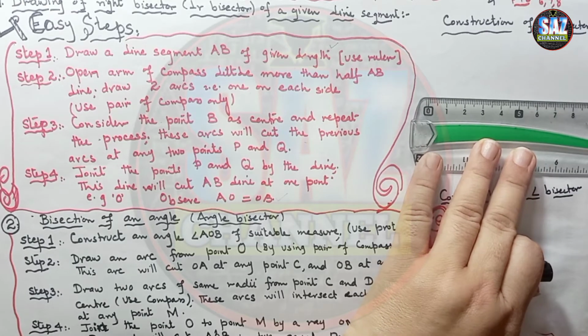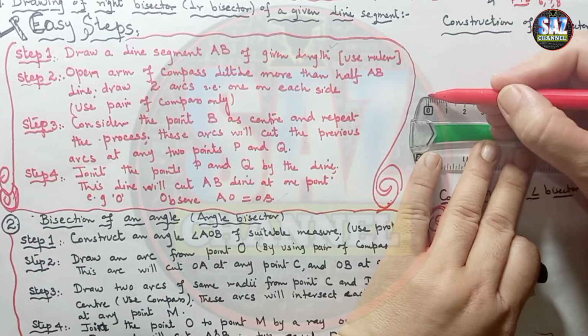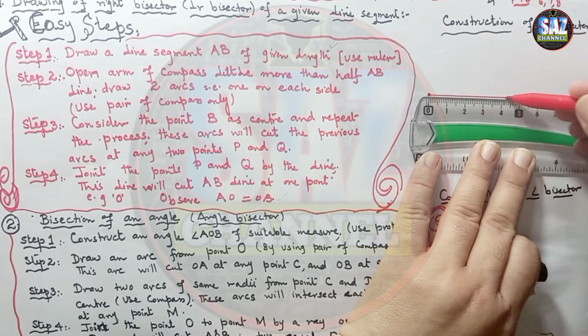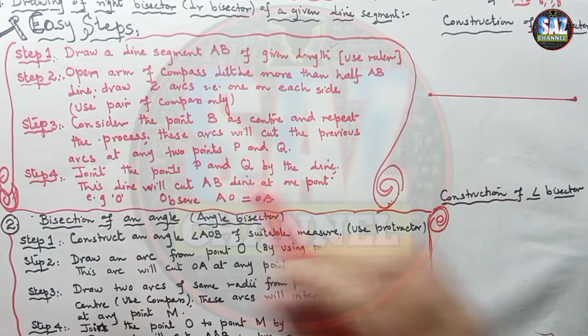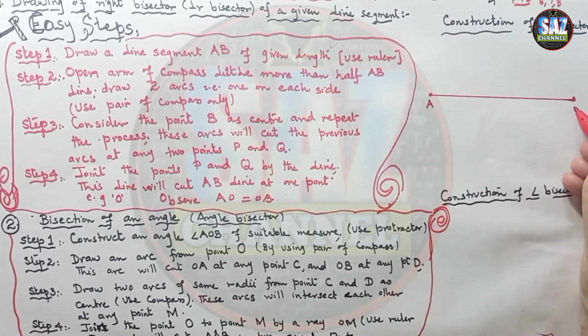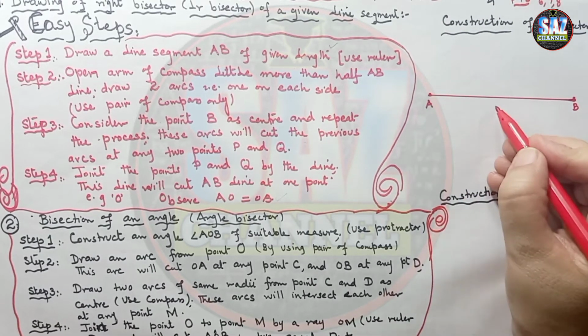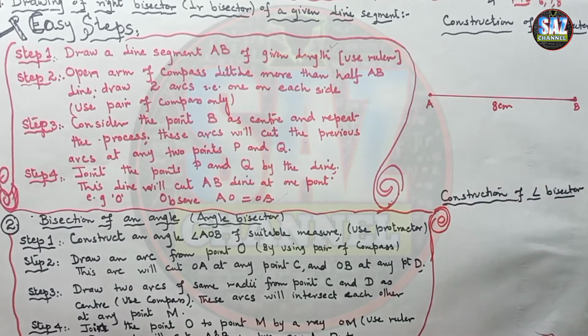Suppose the given length is 8 centimeter, so I have to draw the line segment 8 centimeter. Whatever the name is given, we have to mark the points A and B. Okay, and this is step 1 that we have done.